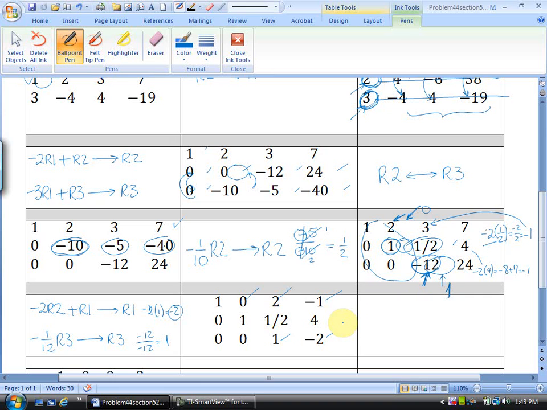So far we are making progress, but we still have to deal with this guy, the 2 and half. So we want to put zeros there, and we always preferably work bottom up in this row operation, because when we add, we don't want to mess up the work we already did.